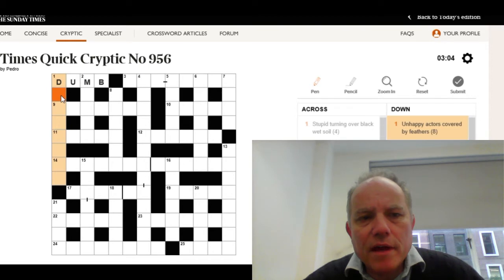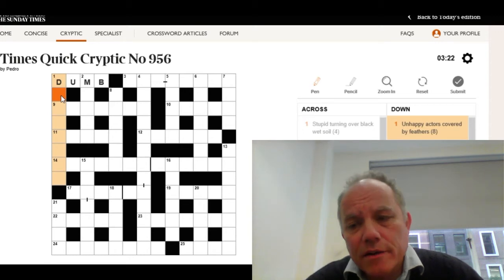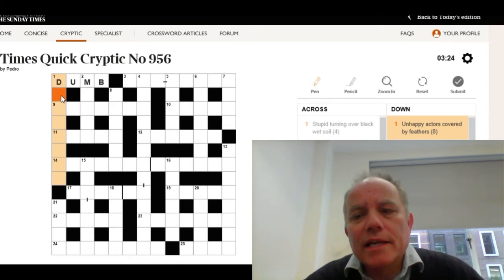So have a think about that. In this case, the actors refers to what a group of actors is called, and the feathers is a synonym for a certain type of feather. And pause if you want to think about it for a bit longer. In fact, actually, I'll tell you the covered by is, in this case, suggesting that because it's a down clue, the word for actors is underneath or covered by the word for feathers.